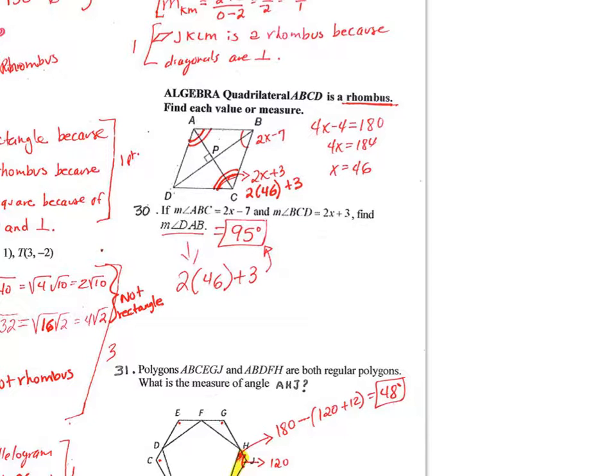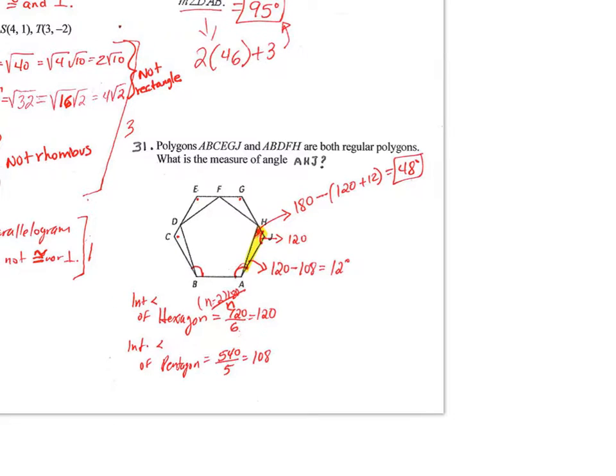And number 31, last one. On the test, you're going to have the same picture, but it's not the same question, so be careful, okay? So in this case, they want you to find the angle AHJ. A, H, and J, so that is the angle right there. See, this is a triangle.